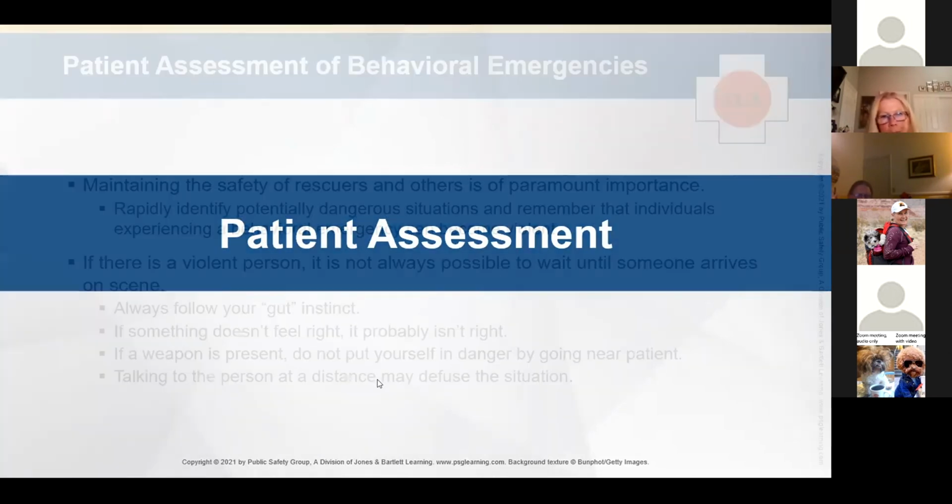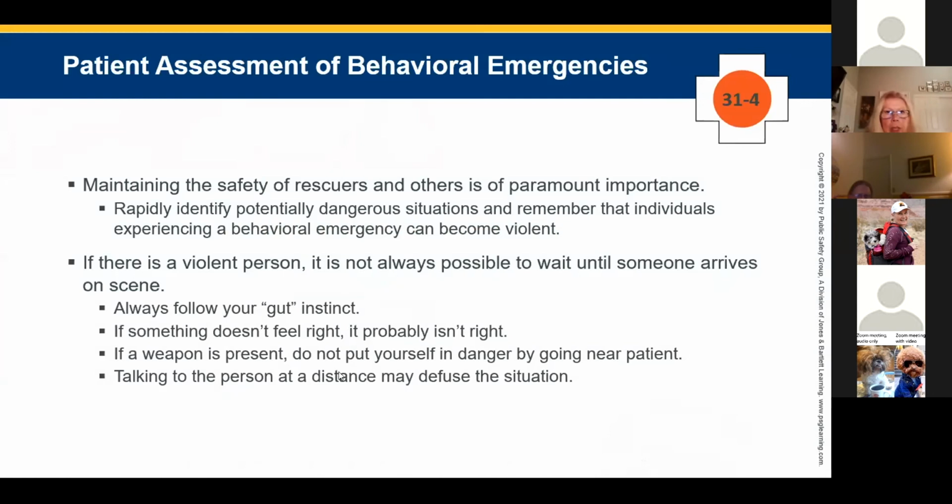Patient assessment. Okay, so what do we talk about? Safety, right? Number one is us. Identify the potential danger and do what you need to do to be safe. If you have a violent person, you wait for someone else and you wait for the scene to be safe. Always follow your gut instinct.